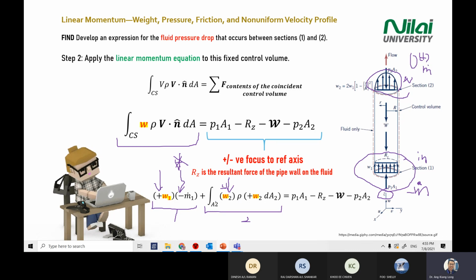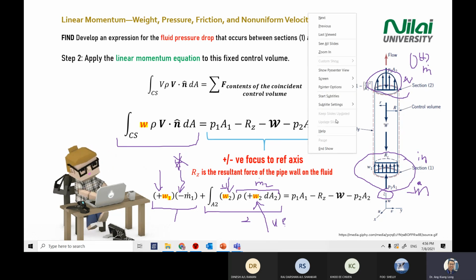So that's why, on the second section here, you integrate area 2 rho AV, because from here to here is your m dot 2. Okay, m dot equals rho AV. So your V here is also W. If you accidentally write U in the answer, I will put a question mark and I'll stop marking. I'll be very strict in all this notation. Be careful when you write your answer.